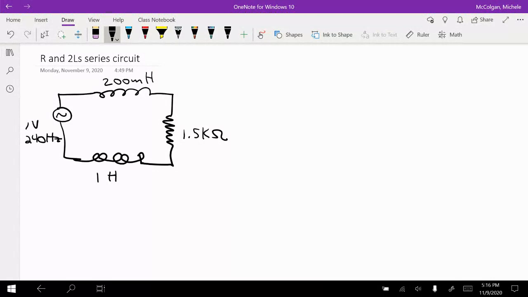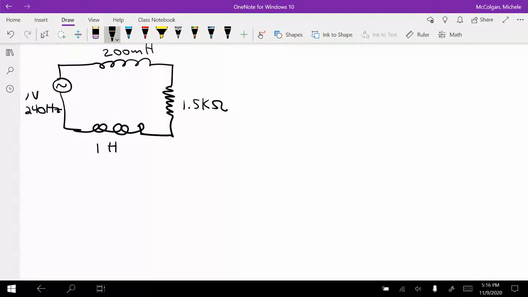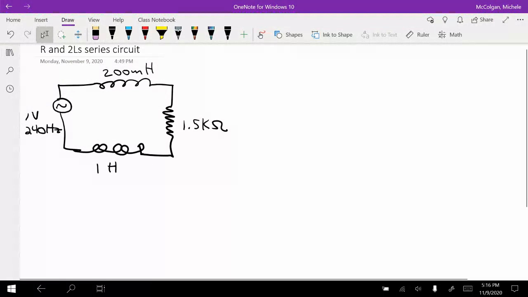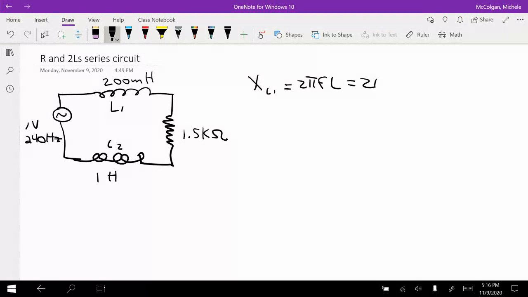Okay, so the first thing we need to do is calculate the reactances for each of the inductors. Let's call this one L1 and this one L2. XL1, the reactance for the first inductor, is going to be 2 pi F L. That's equal to 2 pi times 240 hertz times 0.2 henries.